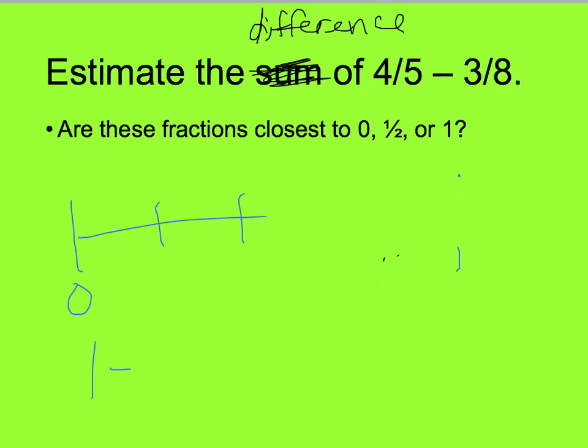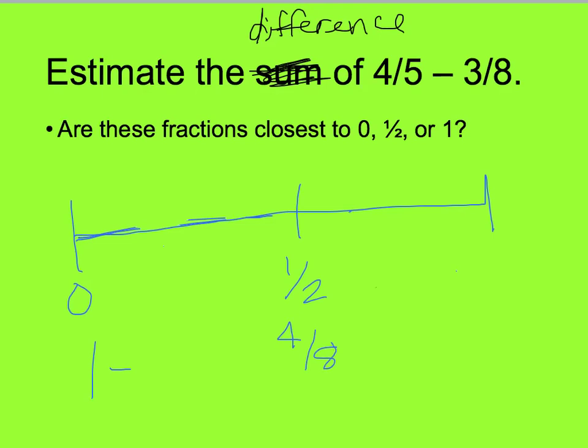So I'm going to redraw my number line split up into eighths instead of fifths this time. Let's erase these lines here too and start from scratch. Okay, so halfway is going to be 4. Here's my 1/2 mark, 4/8. And then split the rest into eighths. There we go.